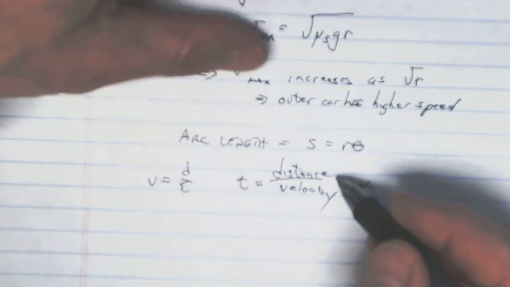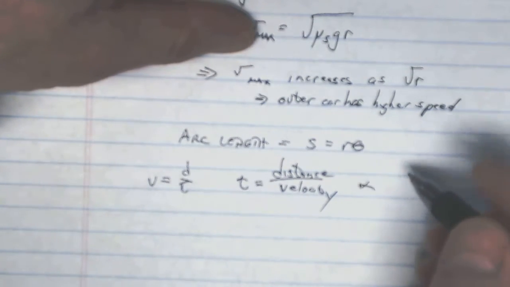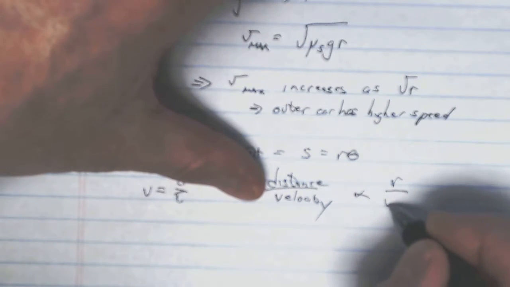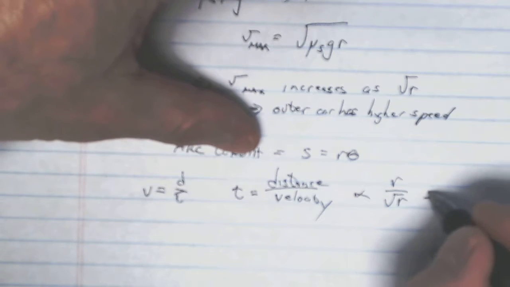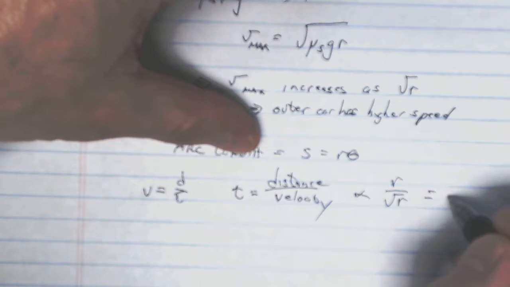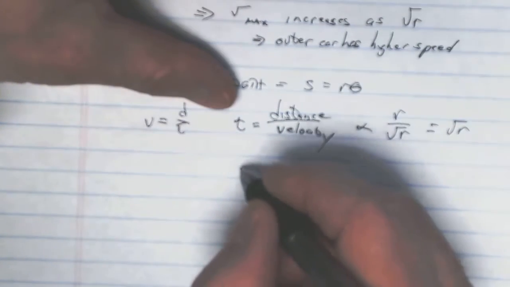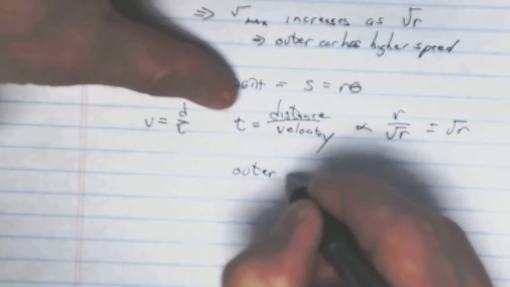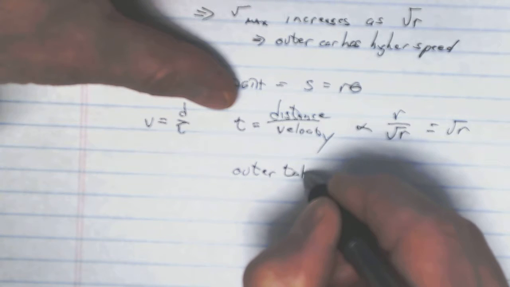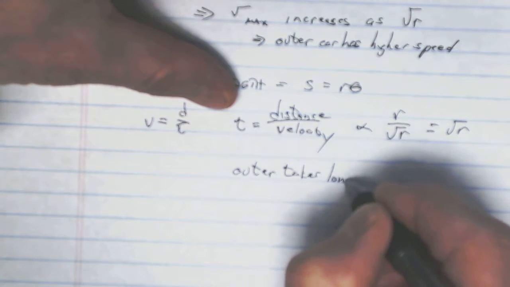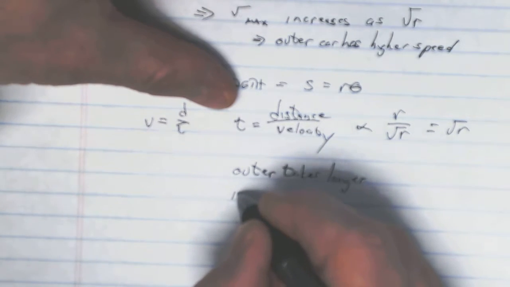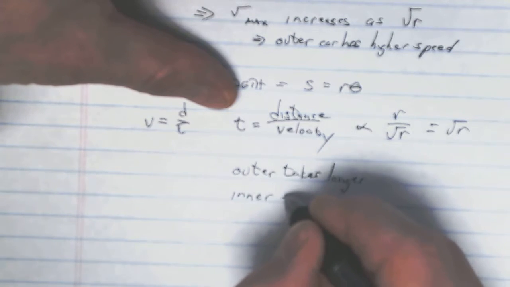Well, the distance is proportional, we found out up here, to r, but the velocity is proportional to the square root of r. So the time is going to be proportional to the square root of r. In other words, the outer car takes longer. The inner car emerges first.